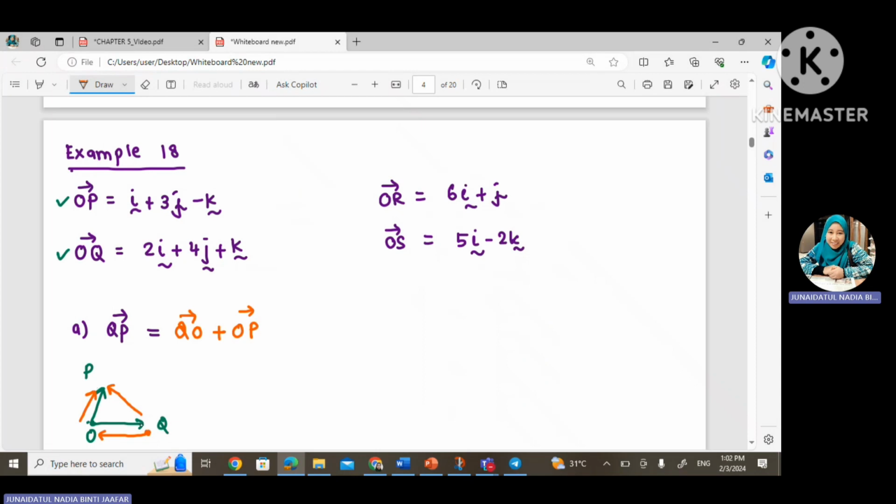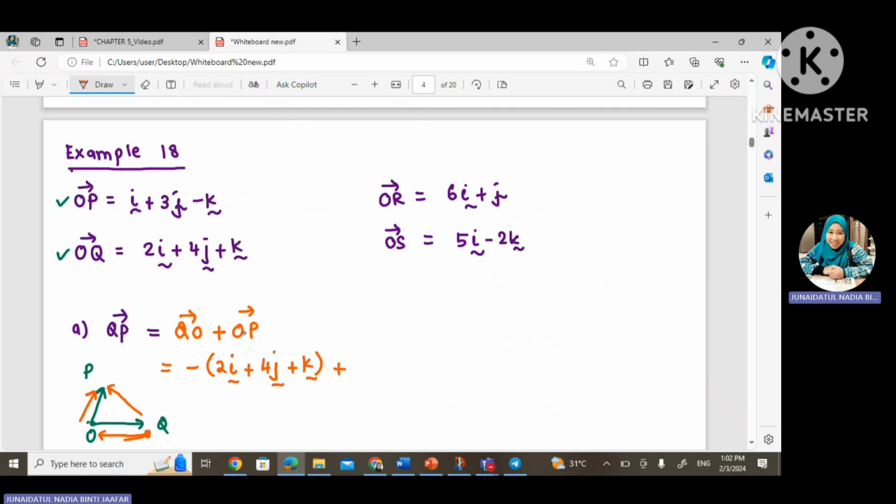Okay, so we can see here the direction of vector QO is in the negative direction of vector OQ. So we can write negative, and then substitute the value of vector OQ, so we have 2i plus 4j plus k.